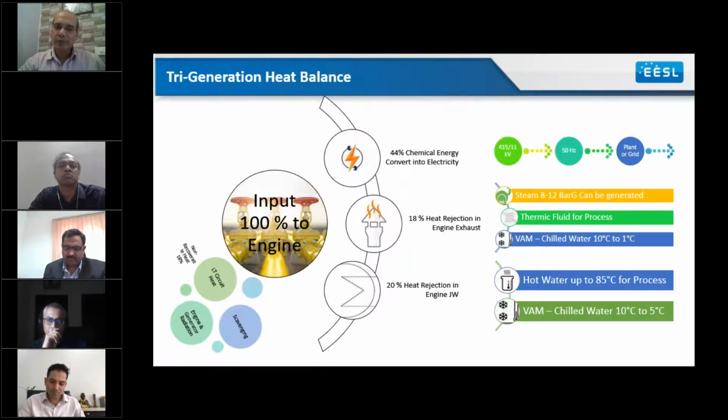We are using VAM to produce chilled water from 1 to 10 degrees centigrade. We can provide hot water from the same system at 85 degrees centigrade. We can also provide chilled water for your process at minus temperatures.